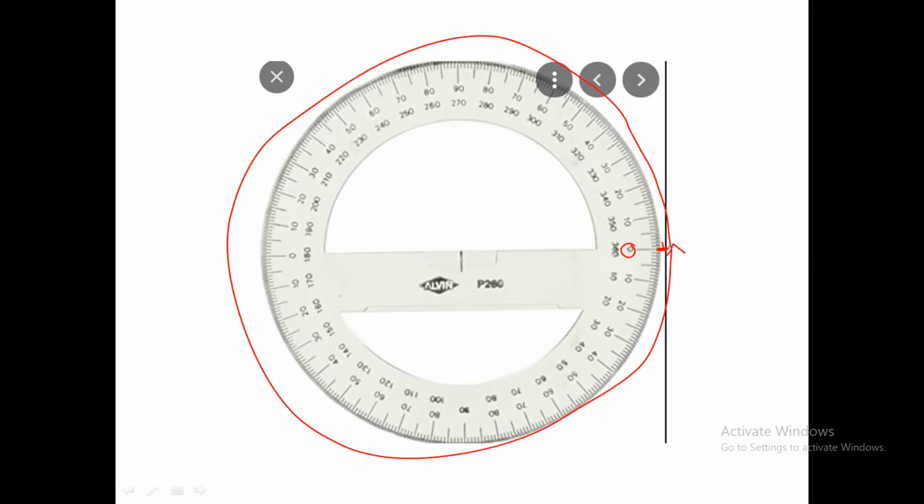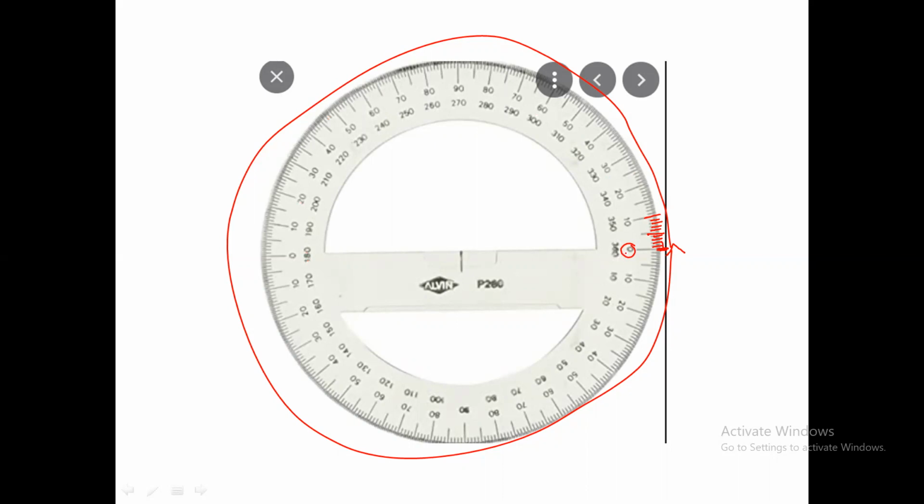This I have divided into 360 parts. 1, 2, 3, 4, 5, 6, 7, 8, 9, 10, 20, 30, 40, 50, 60, like that up to 180. Until here, 180.